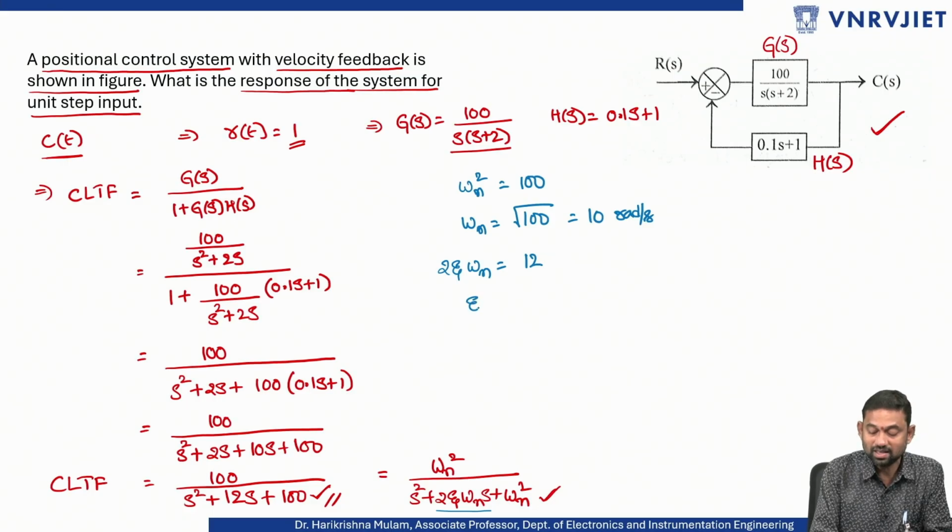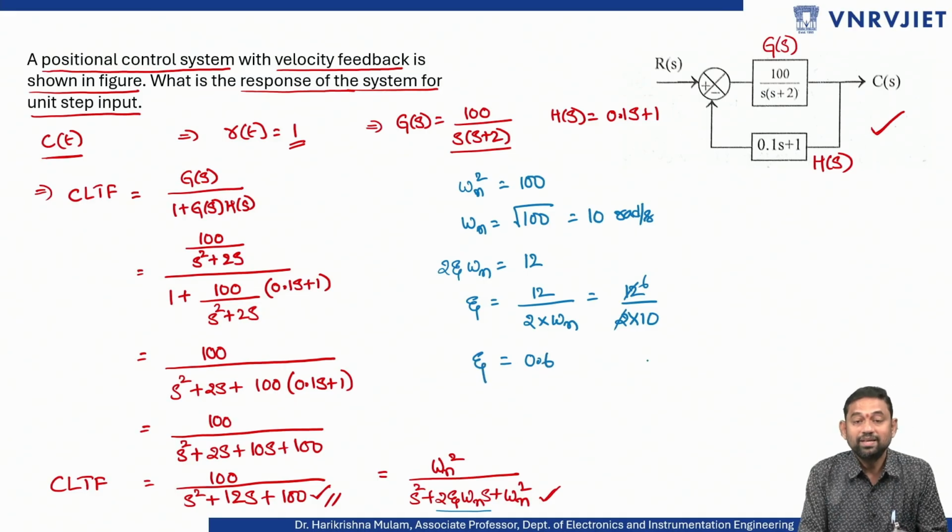Therefore, zeta is equal to 12 by 2 into omega n, which is 12 by 2 into 10. That is 12 by 20, which is equal to 0.6.